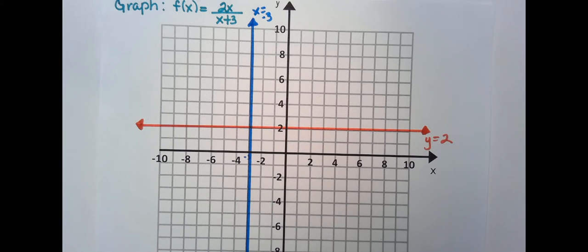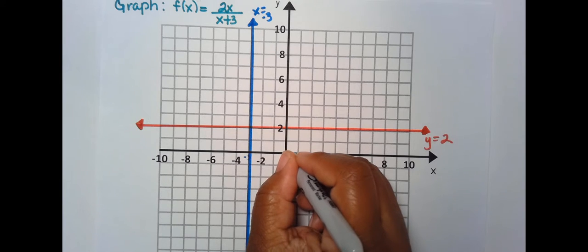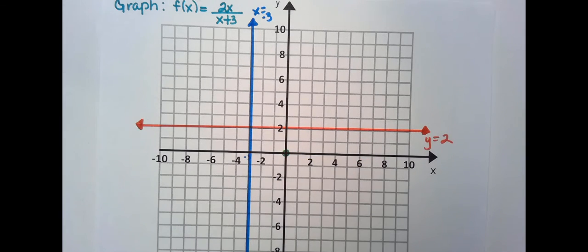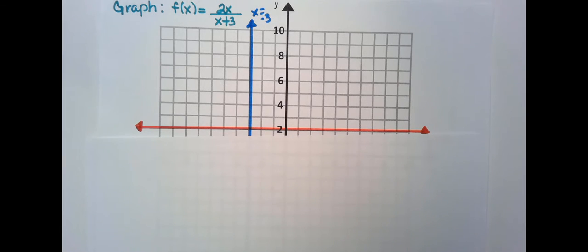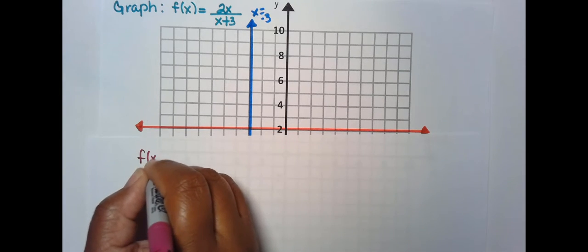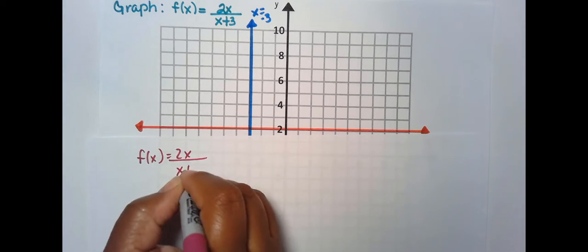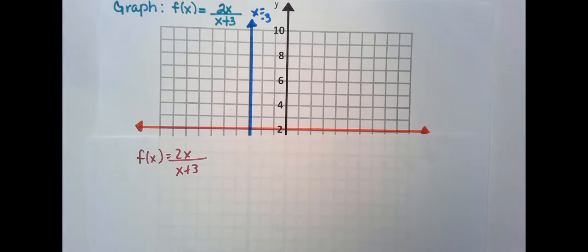And we do know that there's an x-intercept and y-intercept at (0, 0). Now, if we want to find some points, then let's go back to the original question, and we're going to plug some numbers in for x.